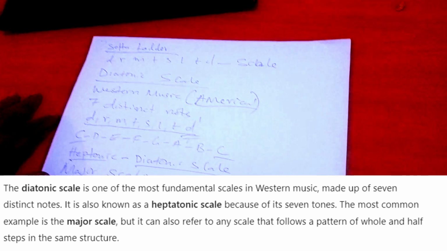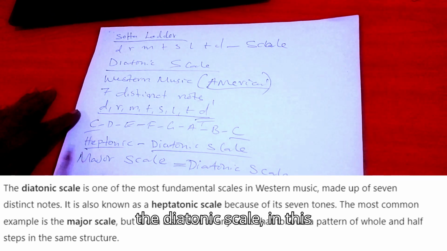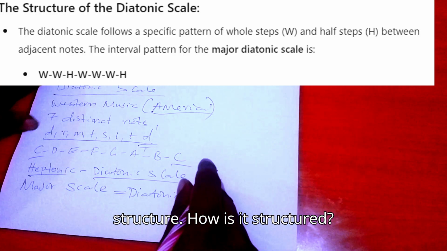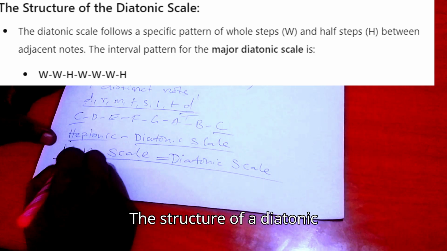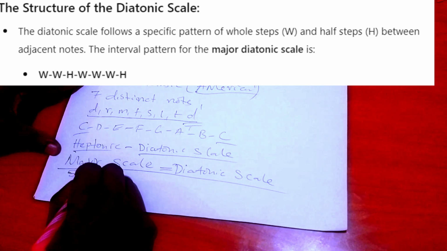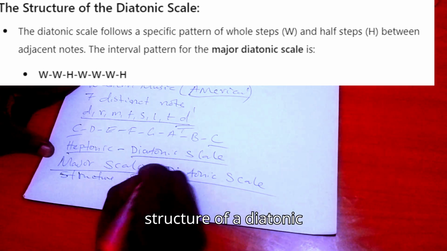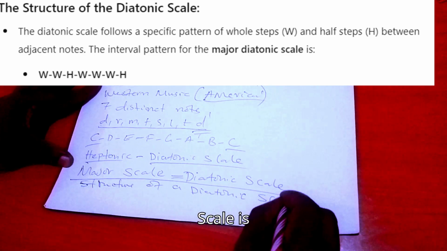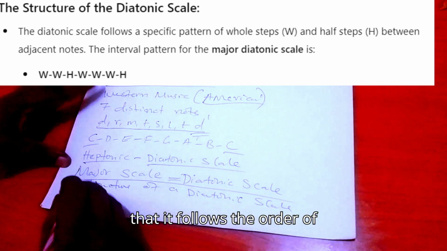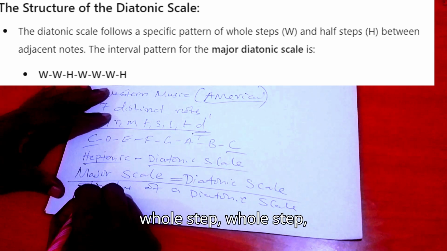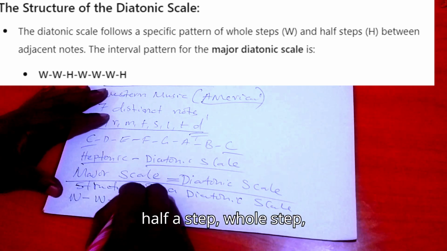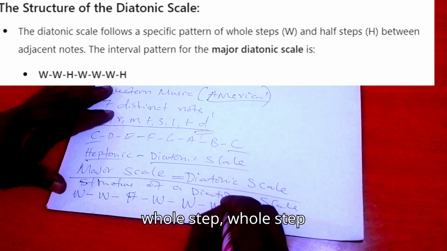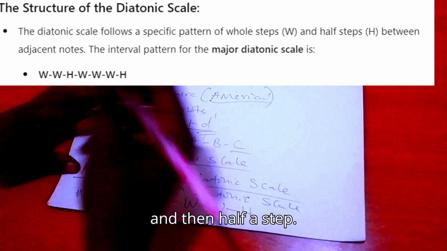Now, the diatonic scale, in this case, we are saying it has what we call a structure. How is it structured? The structure of a diatonic scale is that it follows the order of whole step, half a step, whole step, and then half a step.